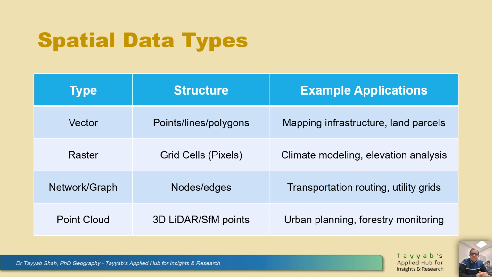Then point clouds, which could be 3D LiDAR data, light detection and ranging, or SfM, structure from motion, which takes 2D images from different angles and creates 3D points. Those are other types of data we use when dealing with spatial data types.